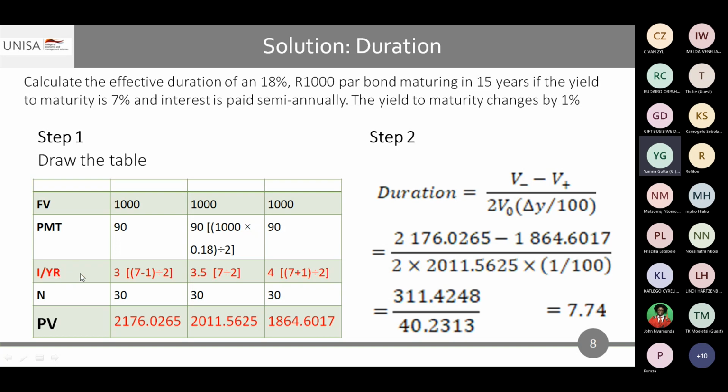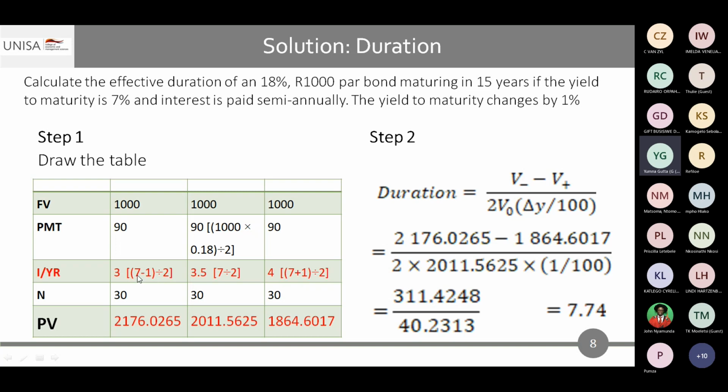Now our interest rate, this is where I have a feeling that you guys are struggling. Our yield to maturity was given as 7%. So we say 7% minus 1, because we're going to reduce the interest rate by 1%. Then you divide by 2 because it's a semi-annual bond.